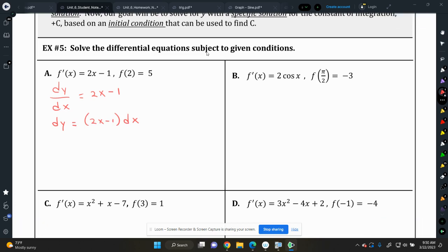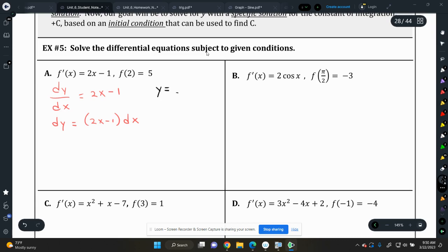When I talk about solving this differential equation, I want to end up with y equals something. Okay? So we're going to integrate both sides of this equation. Okay? Now that I have my variables separated, I'm going to integrate it. So when I take the integral of dy, what am I left with?